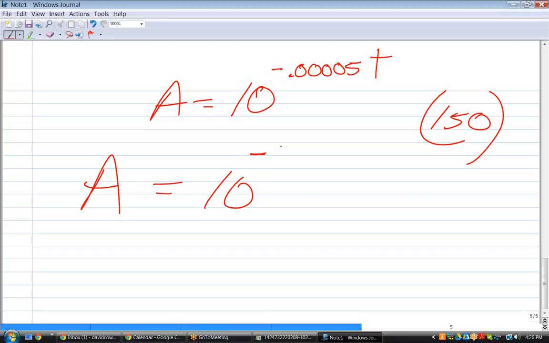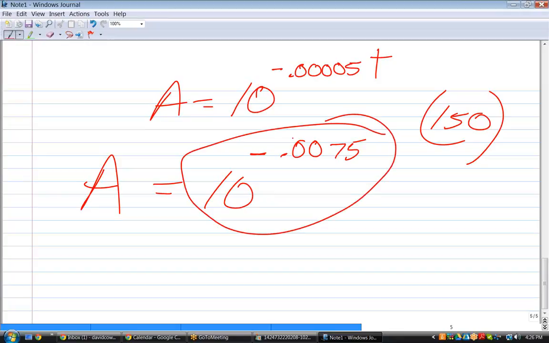It must be 0.0075. Yes. And what does your calculator give you for that? 0.98.